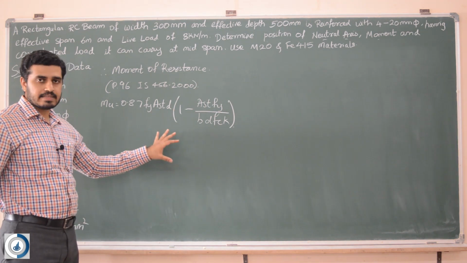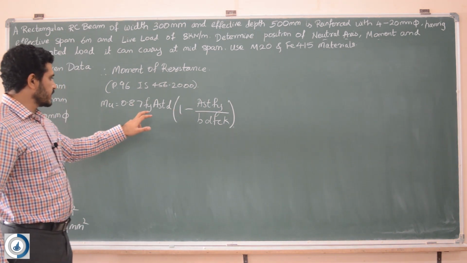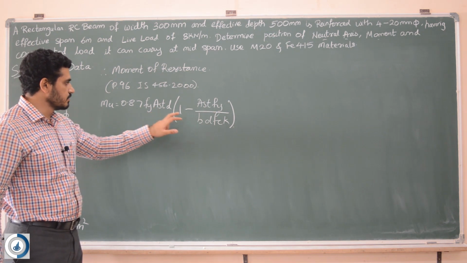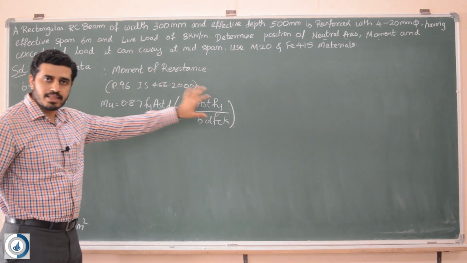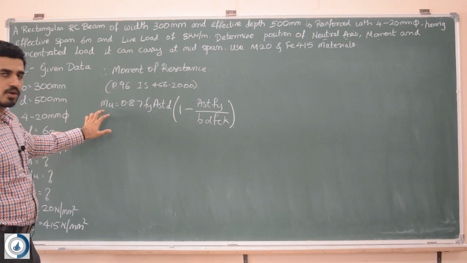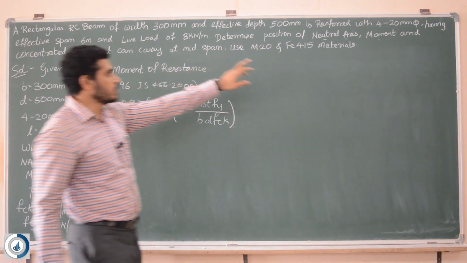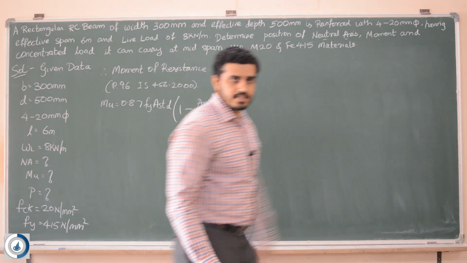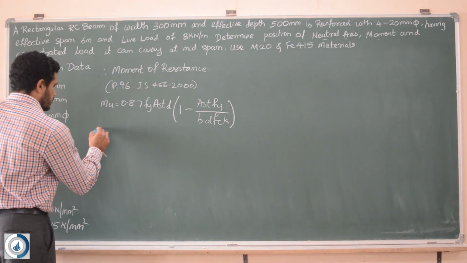Now the procedure is again simple. All the things are known. Fy is known, Ast is known, d is known, b, d, fck. All things are known, so you can directly find the second unknown, which is the moment of resistance. Just substitute.